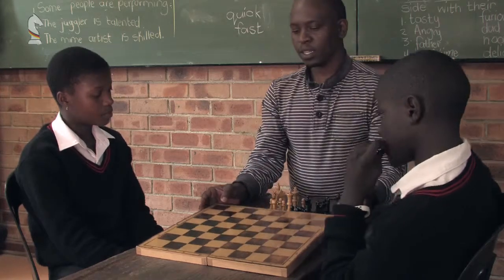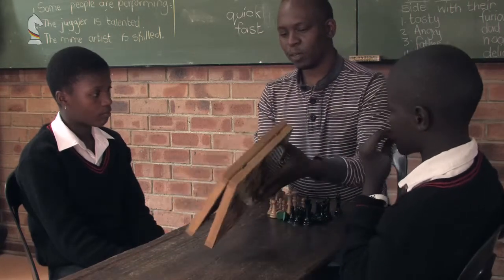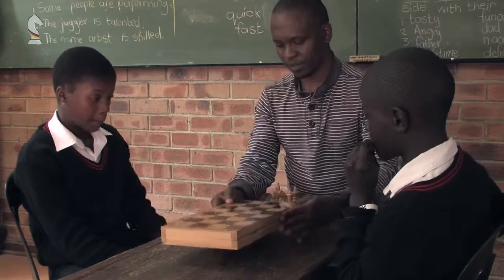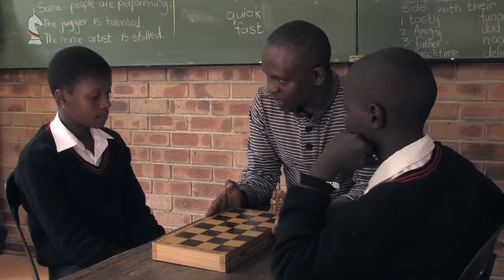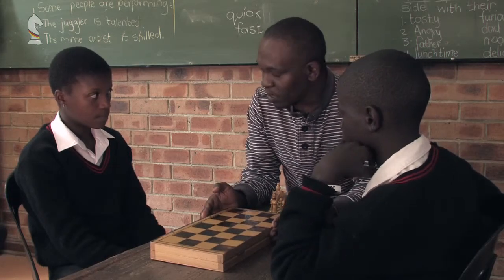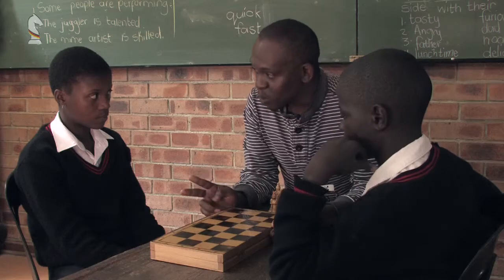Now I'm going to put the board into half. The board is half now. Imagine our rook is on B2. It needs to go to H8. So how will it move? It will move 2 times.